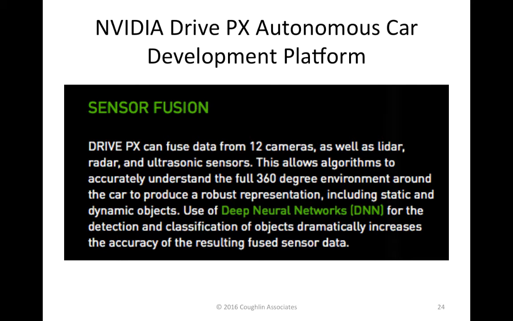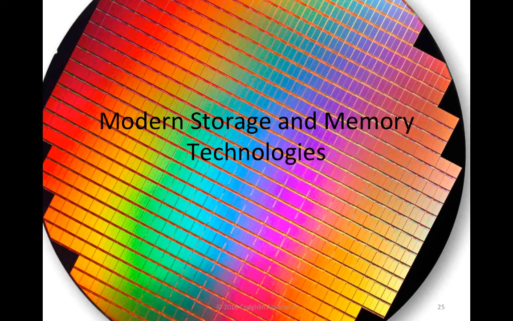It can take data from 12 cameras as well as LiDAR, radar, and ultrasonic sensors using algorithms, and it can give a 360-degree environment around the car, which can provide knowledge of dynamic as well as static objects, and then using neural networks detect and classify these objects, and therefore providing useful features for the drivers and participants, or potentially for autonomous vehicles themselves.